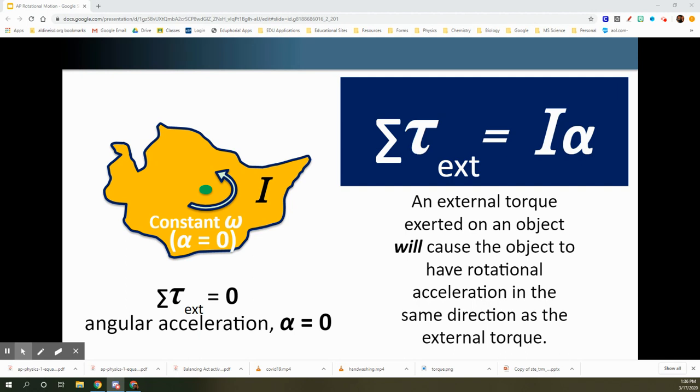The direction doesn't change it then. Yeah, good point, Victoria, because if direction changes, that's a form of acceleration.